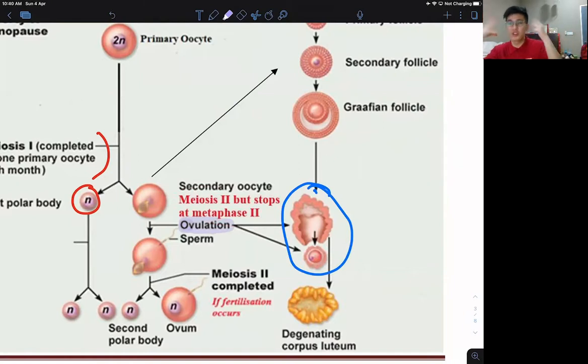This is what girls undergo every single month. Ovulation, where I produce the secondary oocyte. So every time we say a girl produces ovum, actually I don't exactly produce ovum, I produce secondary oocyte. Later it only develops into ovum, which I'll explain.